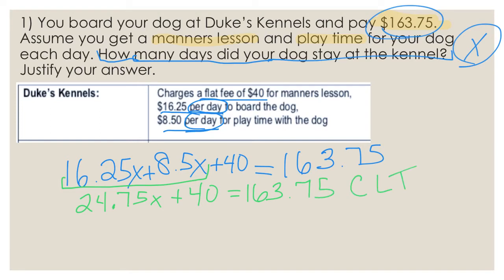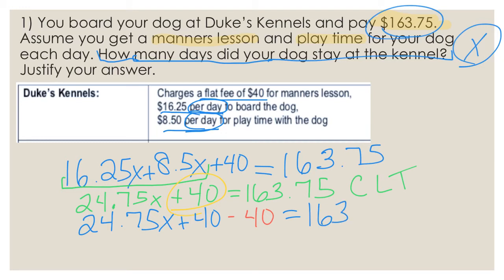The next thing I'm going to do is get rid of that plus 40. So I'm going to use some subtraction. So I've got 24.75x plus 40 minus 40 equals 163.75 minus 40.